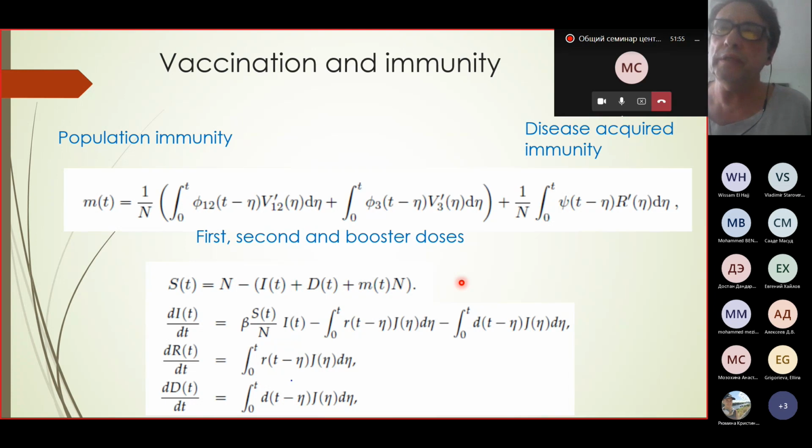I hope this is clear. The idea is very simple. We take the number of susceptible and we subtract the number of immune people, the number of people who cannot be infected at this moment of time.